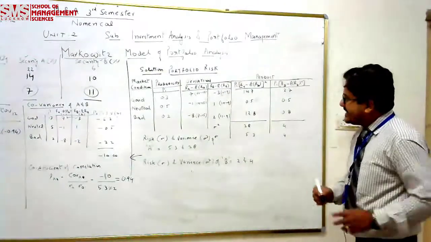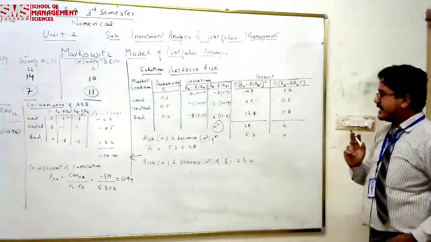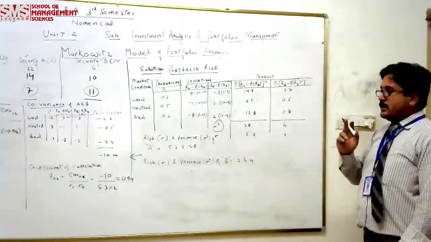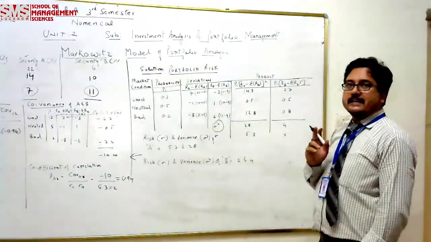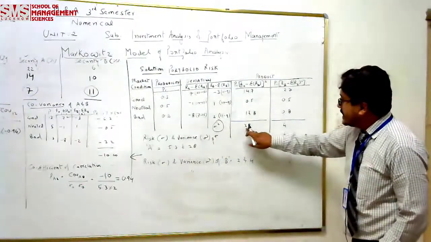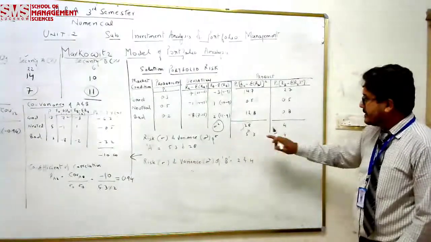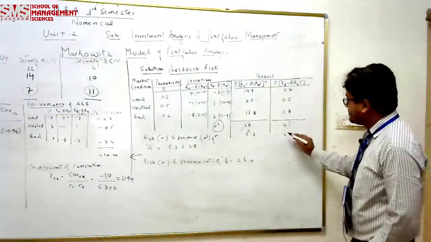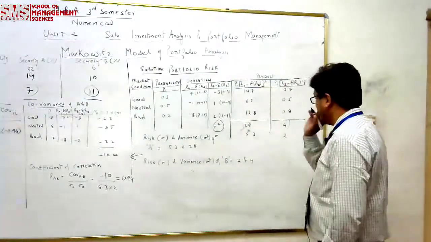Now we get here the variance, and you all know the square root of variance is the risk, that is standard deviation. The standard deviation in this case is the square root of 28, that is 5.3, and the square root of 4, that is 2.